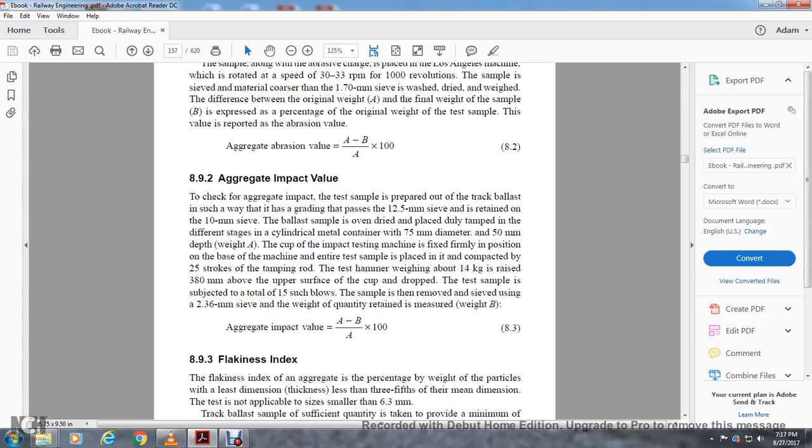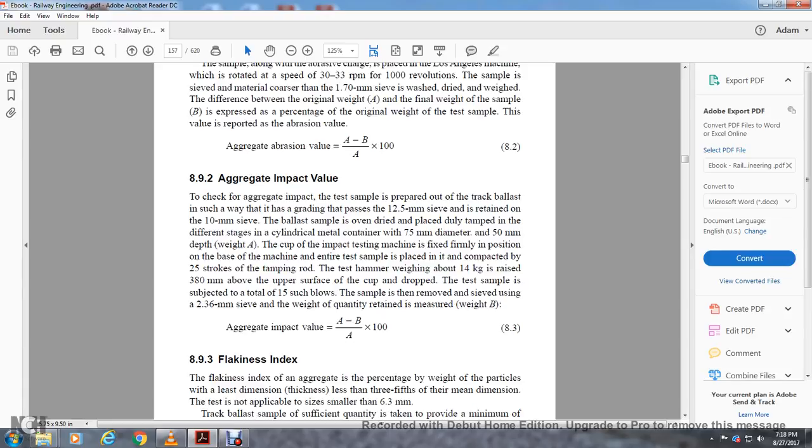The aggregate impact value. The aggregate impact test sample is prepared from the track ballast in such a way that the grading passes the 12.5 millimeter sieve and is retained on the 10 millimeter sieve. The ballast sample is oven dried and placed, duly tamped in three stages, in a cylindrical metal container of 75 millimeter diameter and 50 millimeter depth, and weighed as W1.